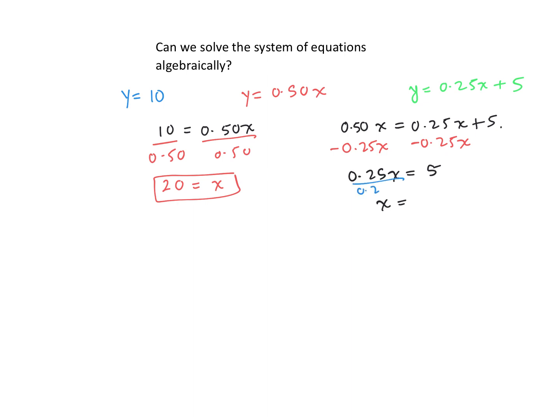So 5 divided by 0.25 is also 20. So it doesn't matter which two equations I use. I just make two of them equal to each other, and then I can solve for x. Once you find the value for x, you can then find the y value by substituting back into the third equation.